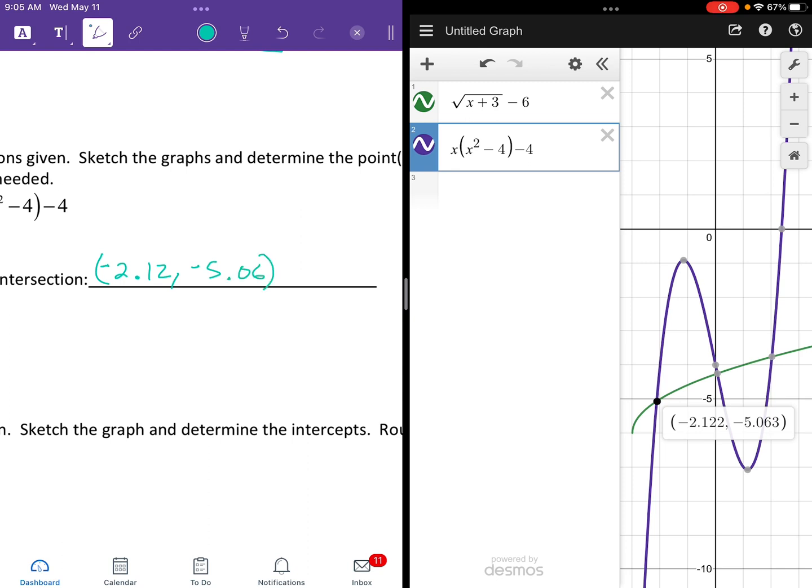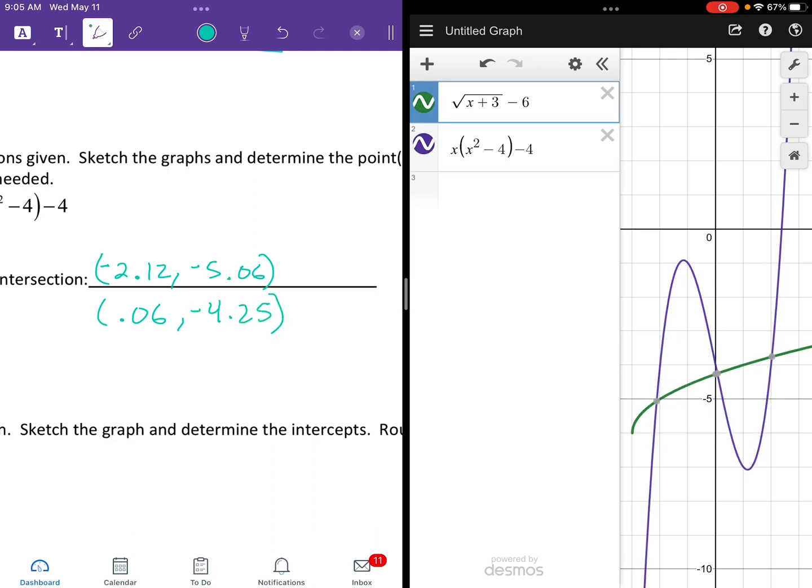That's the first one. Then we have the next one, I'm going to put it underneath, 0.06, comma, negative 4.25. Then we have a third one right here, which is 2.03, comma, negative 3.75. So there's 3 points of intersection we have to write down. So just make sure you get them all.